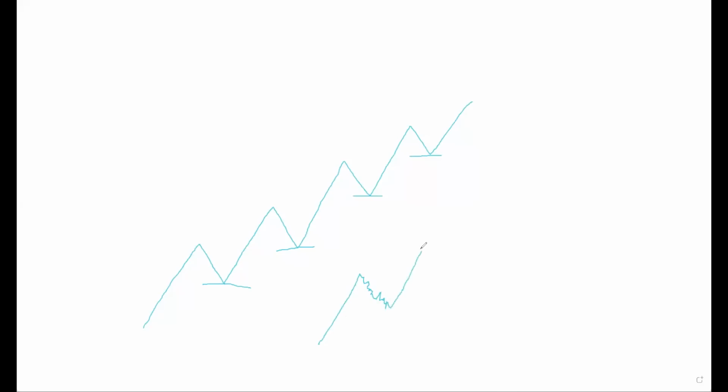Then another smooth impulse, then a noisy retracement. Impulse smooth, retracement noisy. Now that is where we currently are.